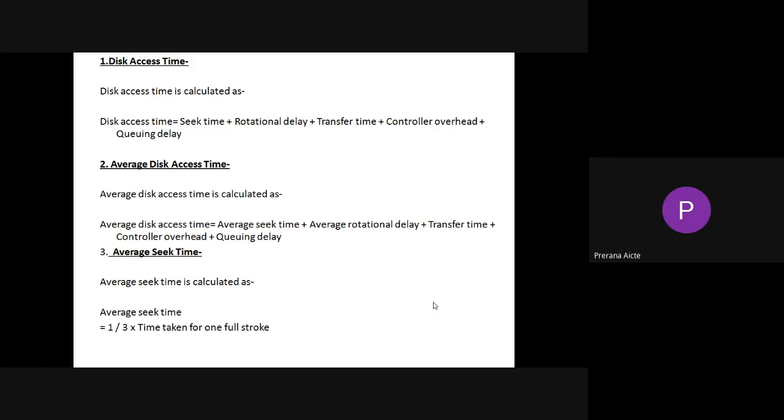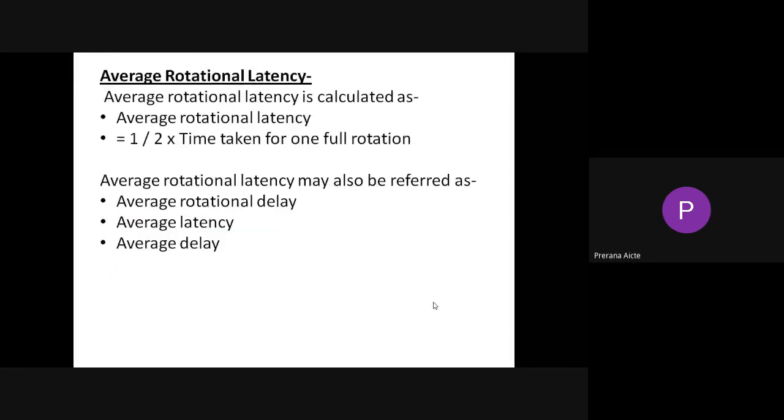And next one, how to calculate the average seek time? Average seek time equals 1/3 of the time taken for one full stroke. One full stroke means the time taken to move from outermost to innermost. So next one, average rotational latency.